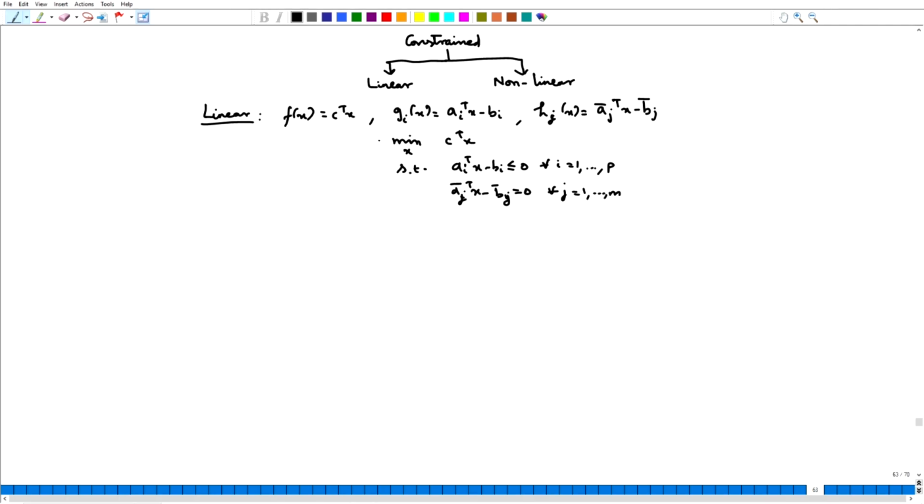Whenever you have an optimization problem of this form, it is called a linear optimization problem. Putting it in a nutshell, the objective function, the inequality constraint equation, and the equality constraint equation must all be linear in x. If that happens, then the optimization problem is a linear programming or linear optimization problem.